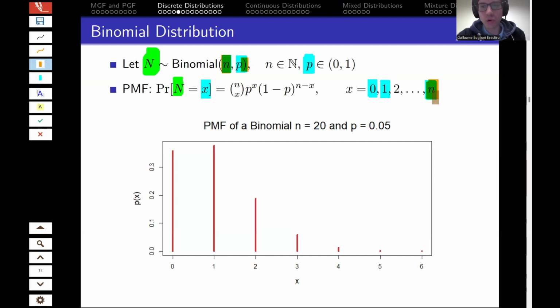You cannot have more successes than the total number of trials. And remember, this is a shorthand notation for combination, so maybe I can just write it here to make sure we all agree that this is the combination of x in n, which is n factorial divided by x factorial times n minus x factorial.